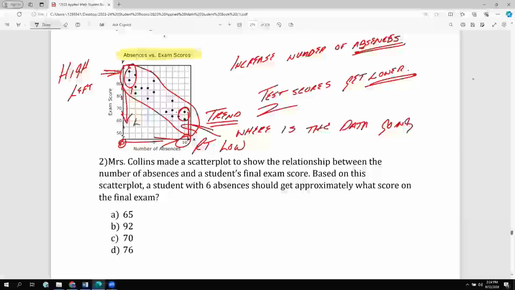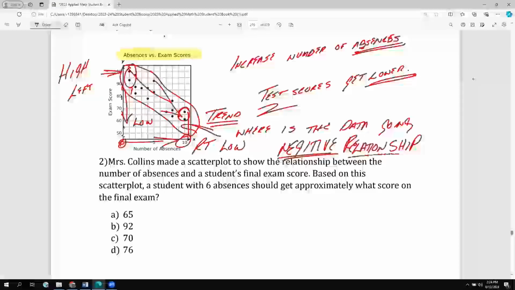The score is going low. When you see data moving in this direction, we call this a negative relationship. So again, the more absences you make, the lower your score gets. So you have a negative relationship: more absences equals lower score.